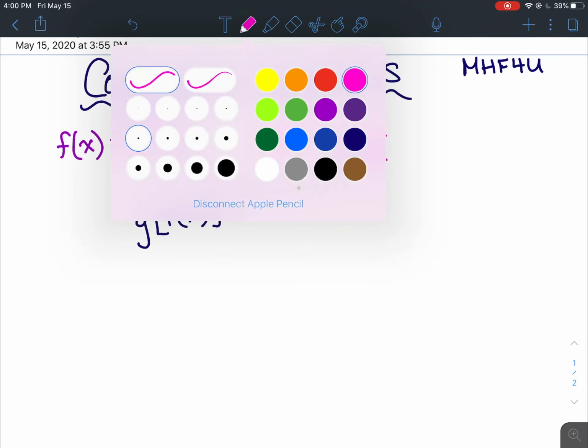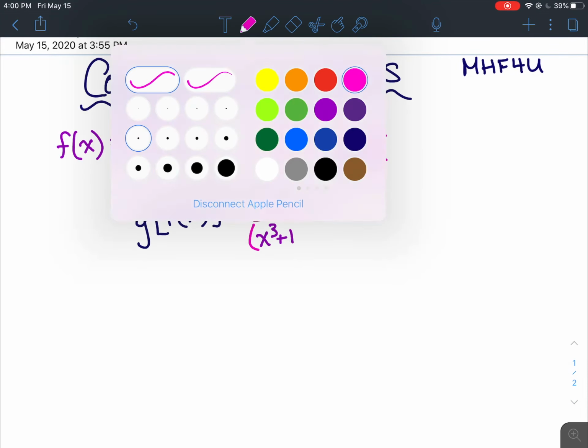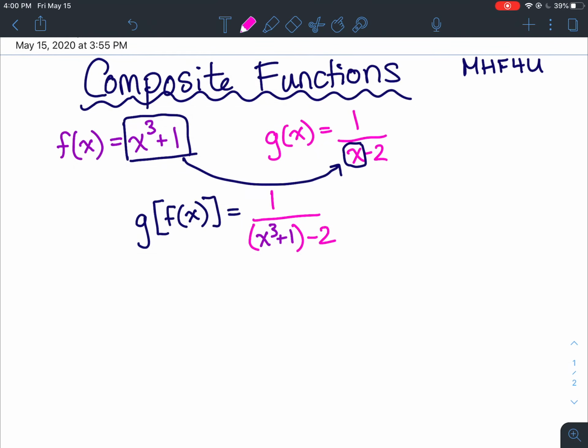You would take your g of x, so 1 over, but instead of x minus 2, in that x spot you would be putting your f of x. So x cubed plus 1, minus 2. You can see that you have your g of x function, kind of your outer function, 1 over x minus 2.